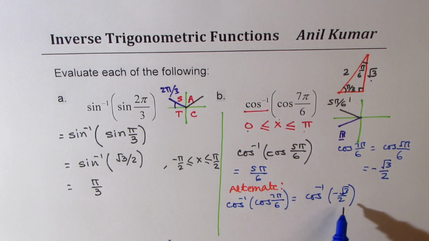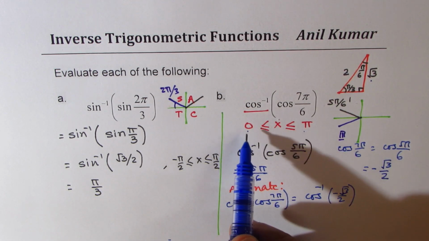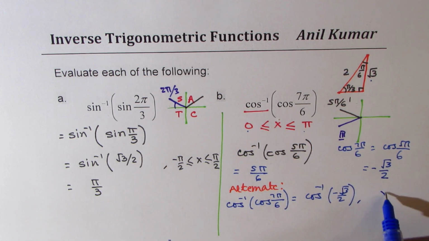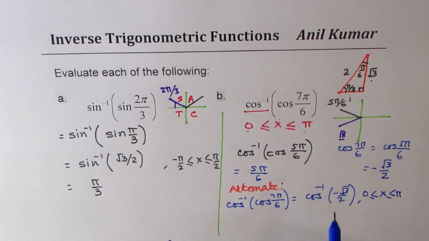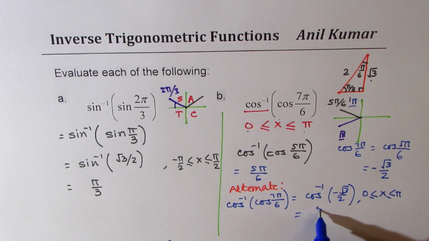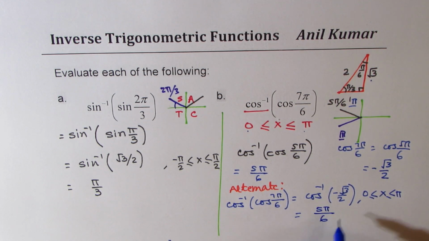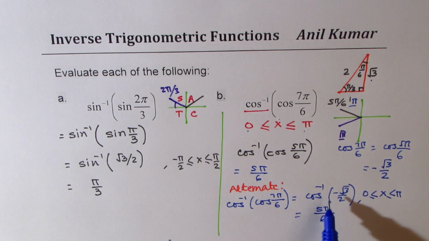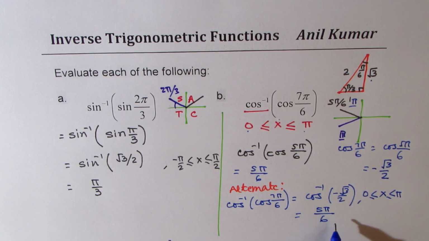And in the domain for x between 0 to pi, cos is negative in quadrant 2 for the value of 5 pi by 6. Okay? So that is how we could get our answer. You get the idea, right?